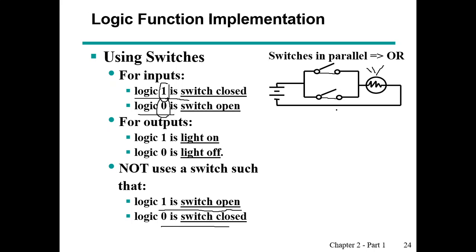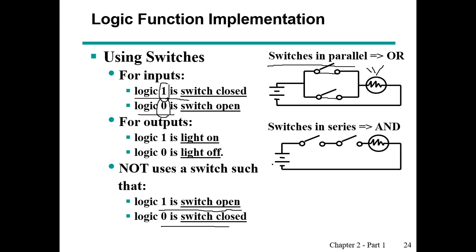If both are turned on, it will be on. The light will stay off only if both switches are off. Okay, so this is an OR gate. When you arrange these switches in parallel, you actually create an OR gate. Both these switches must be off if you want the light to stay off. If either of these is on, the light will be on.